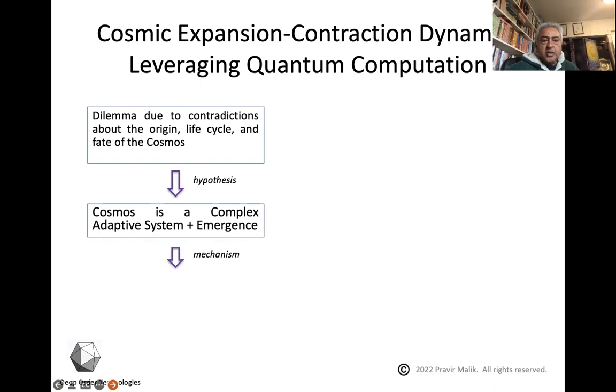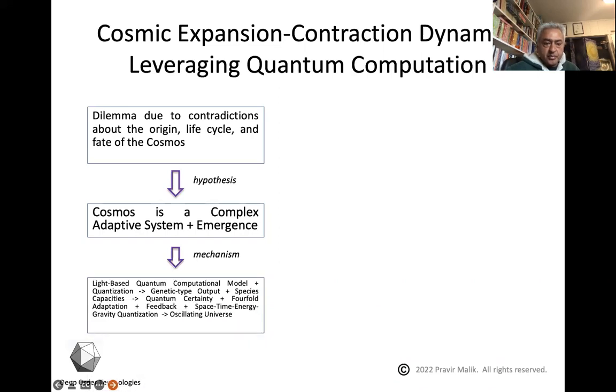The mechanism by which expansion-contraction dynamics links to quantum computation, briefly, is the following. We have a light-based quantum computational model that creates something called quantization. The result of this persistent computation is genetic-type output.